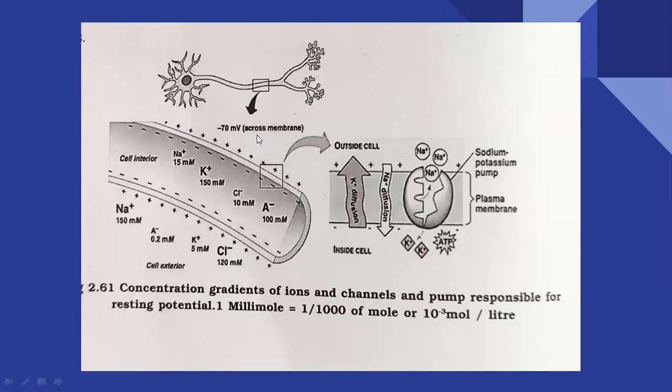In both these liquids, ECF and ICF, ICF is inside, ECF is outside, the exterior. In these two, many ions will be there, like sodium ions, potassium ions, chloride ions, and many anions. Anions are negatively charged ions. So A minus means anions, negatively charged ions.